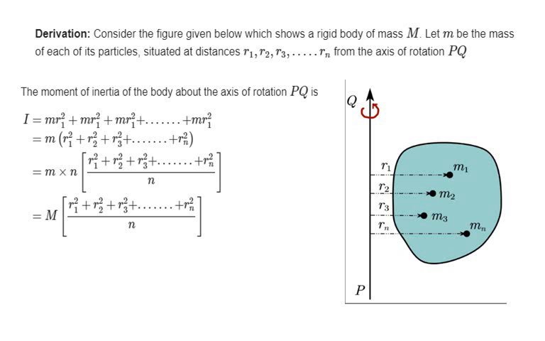The moment of inertia will be m1 r1 square plus m2 r2 square and so on up to mn rn square. By taking common m, you will get r1 square plus r2 square plus r3 square plus rn square.